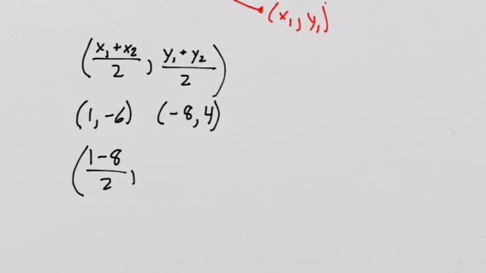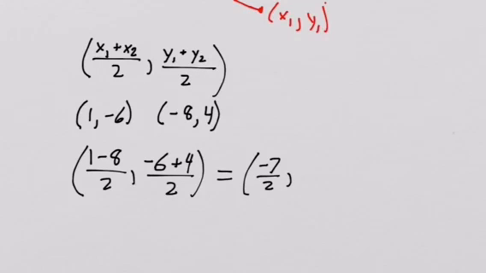And then for my y-coordinate, -6 plus 4 over 2. Some simplifying gives me -7 halves and -2 over 2, which of course simplifies to -7 halves, -1.